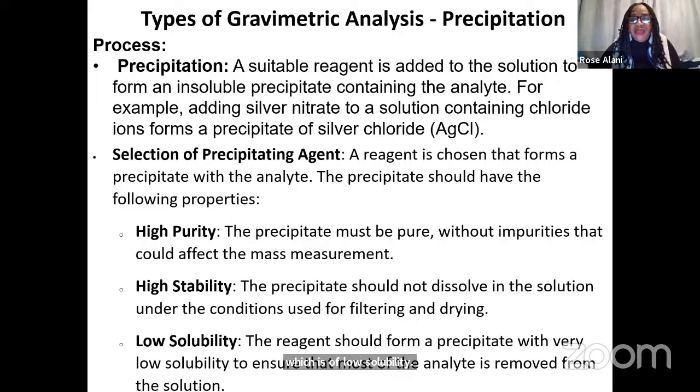You're aiming at the proper, accurate result. The reagents that you're adding should be the ones that will form a precipitate with low solubility to ensure that most of the analyte is removed from the solution. Most of the analyte has to be removed from the solution.